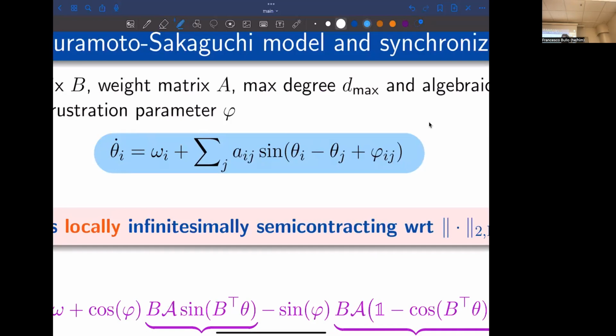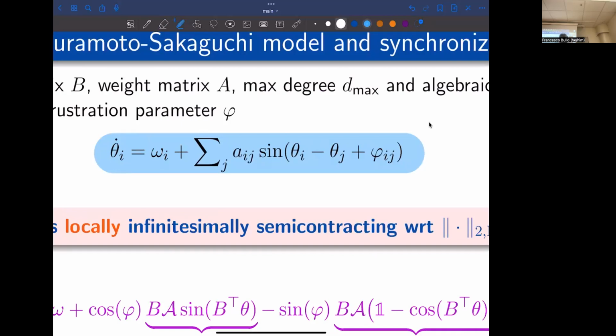Allow me to select it to be undirected. So the collection of positive weights a_ij is symmetric, a_ij equals a_ji. These are the weights on the graph. Each node i may be connected to other nodes j. What does it mean to be connected? It perceives a term, some kind of interaction strength, which is a_ij modulated by a certain angular difference, theta_i minus theta_j plus phi.